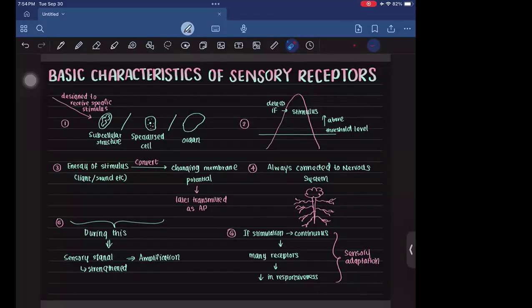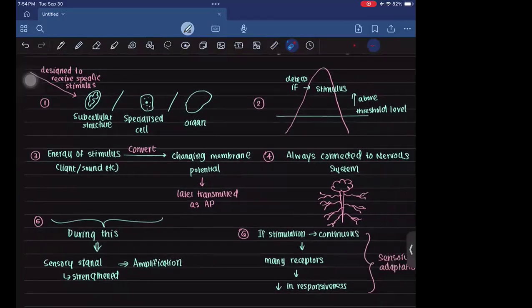Then the third thing is, how is it going to transmit the information? Can it send letters to your brain? No. It has to convert the energy of the stimulus into action potential. Only if it converts it into nerve impulses can the information be transmitted to your brain.